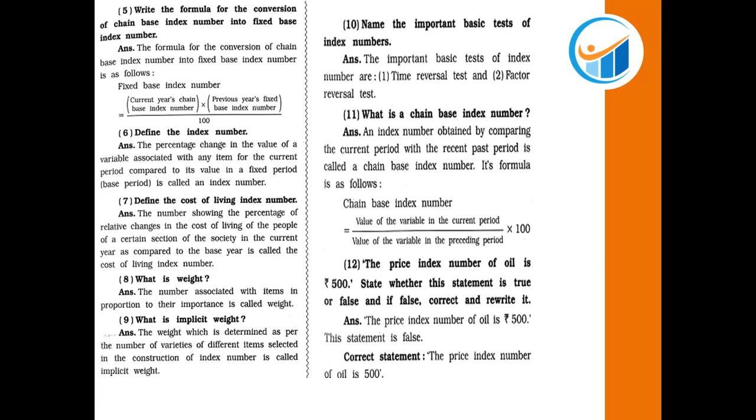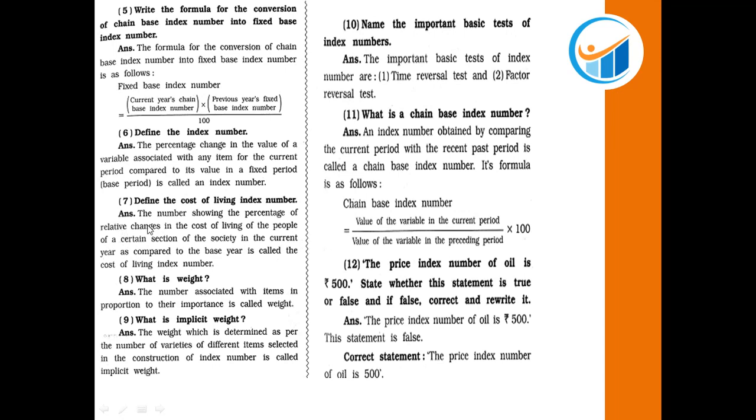Now the another most important question for you student: define the cost of living index number. So meaning of cost of living index number is the number showing the percentage of relative change in the cost of living of the people of a certain section of the society in the current year as compared to the base year is called the cost of living index number.